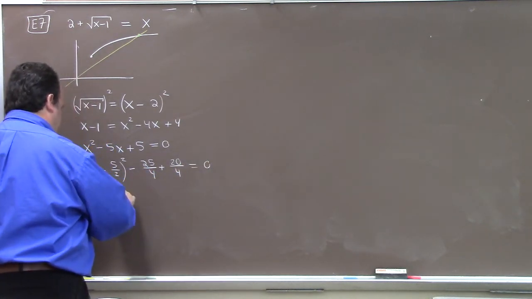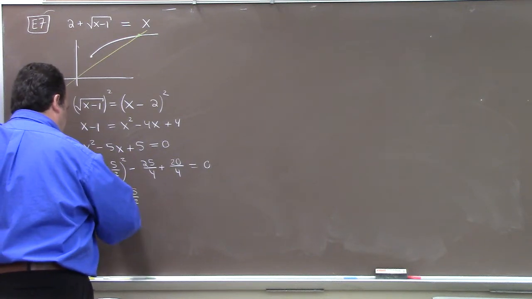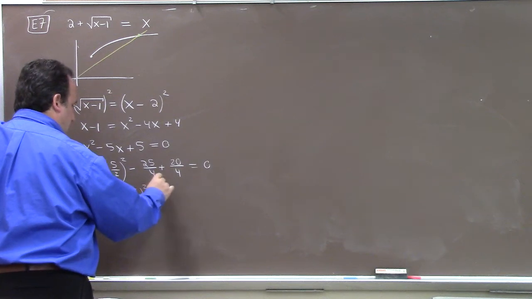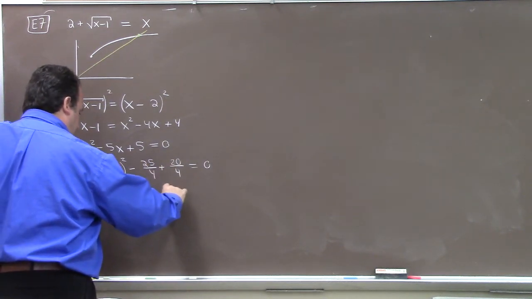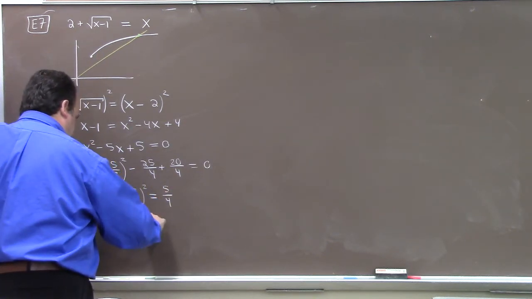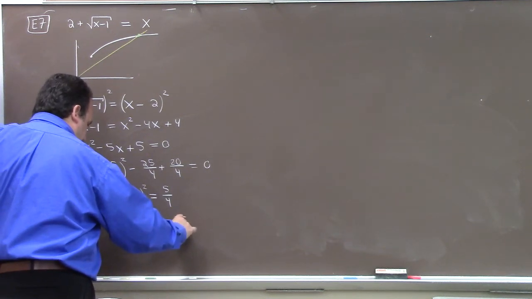So this gives me x minus 5 over 2 squared equal to minus 25 plus 20 is 5, so we get 5 over 4 over here. And then this gives me x minus 5 over 2 equals plus or minus the square root of 5 over 2.